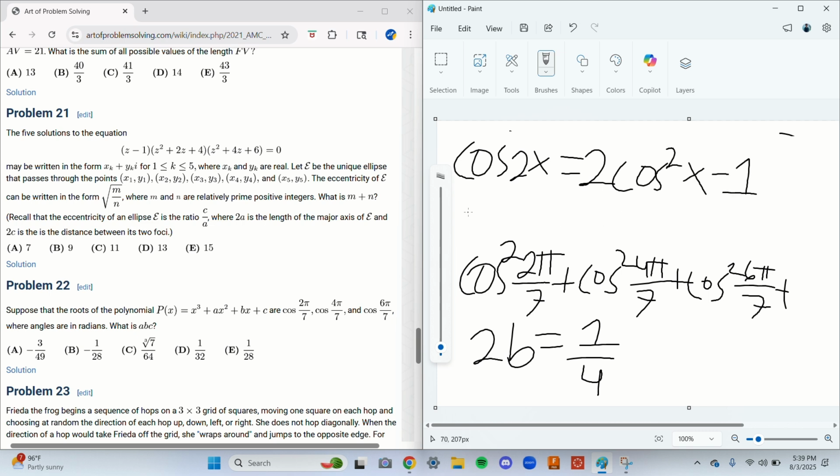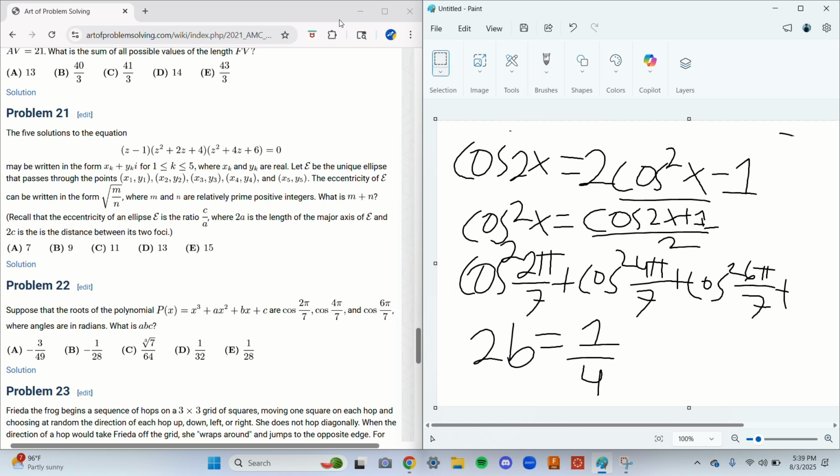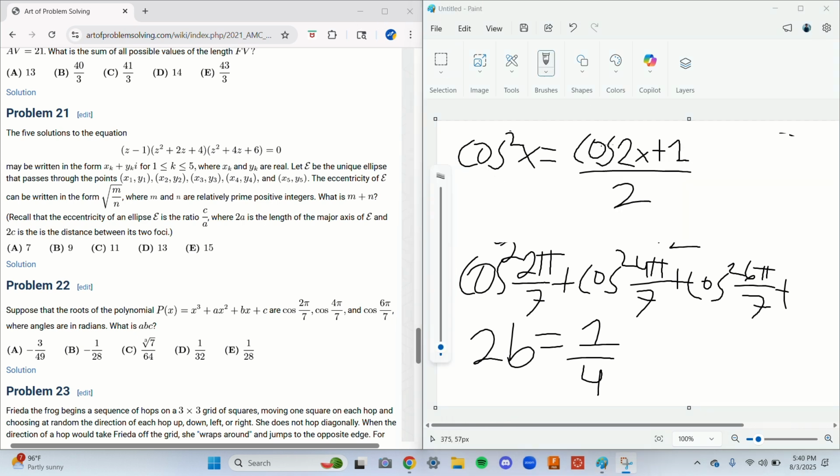Then we can write cosine squared x in terms of cosine 2x. So cosine squared of x is equal to cosine of 2x plus 1, divided by 2. Let me clean things up a bit. So cosine squared of x equals cosine 2x plus 1 over 2.